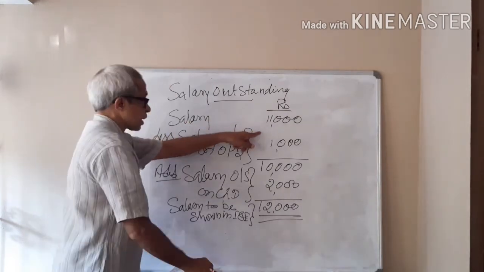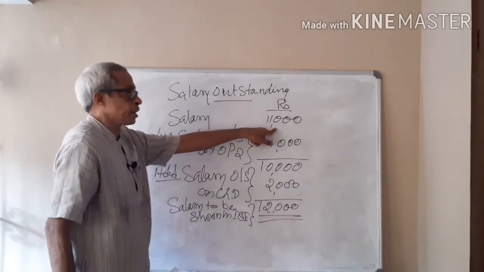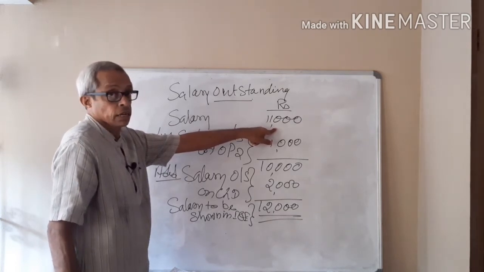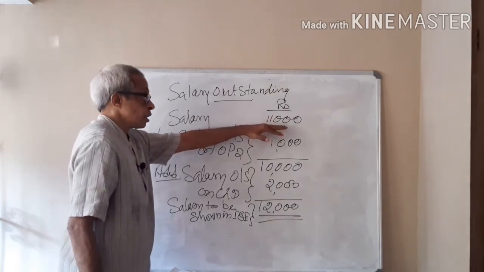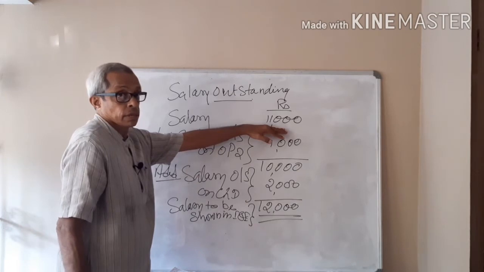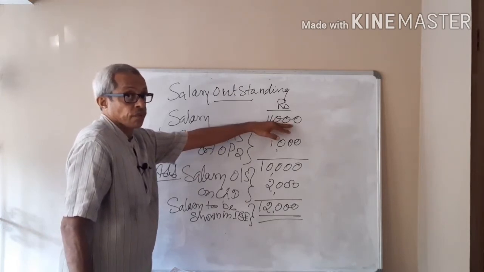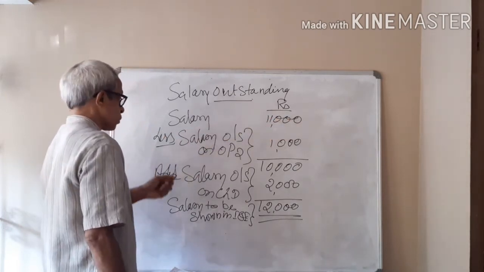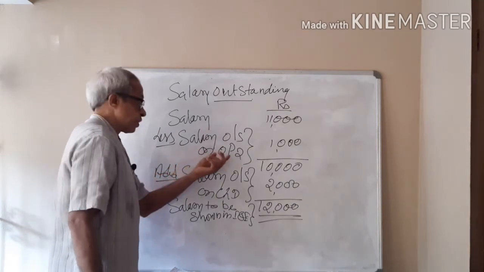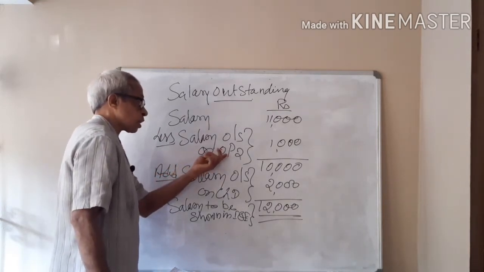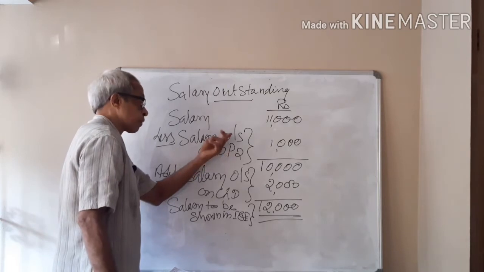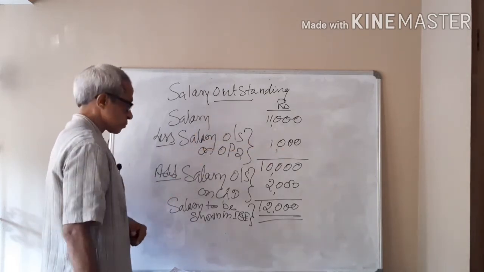The total amount of salary paid during the year is taken from the payment side of receipts and payments account. To that figure we add the opening date outstanding figure of salary, that is 1000.